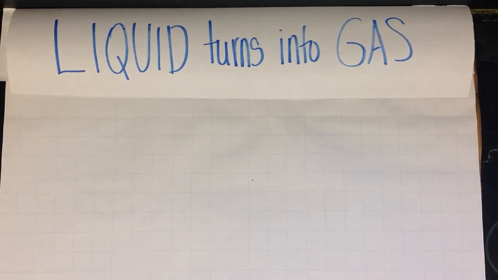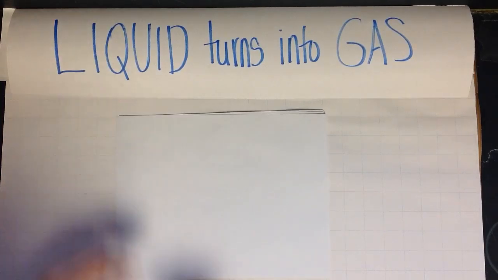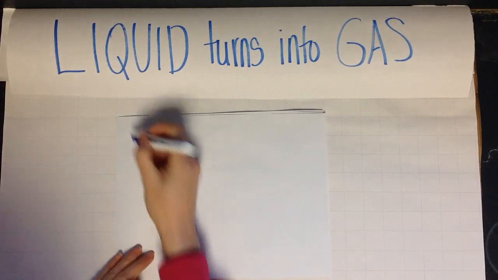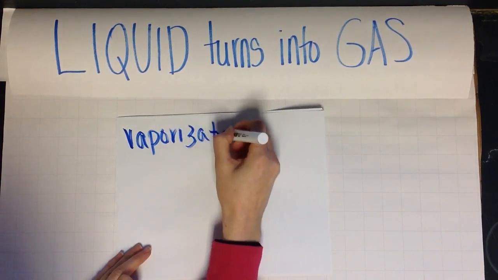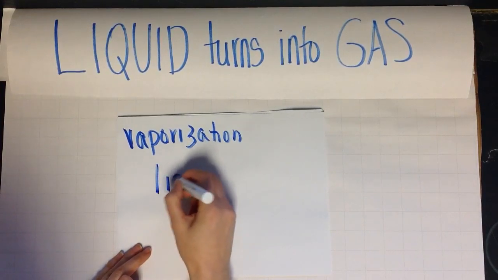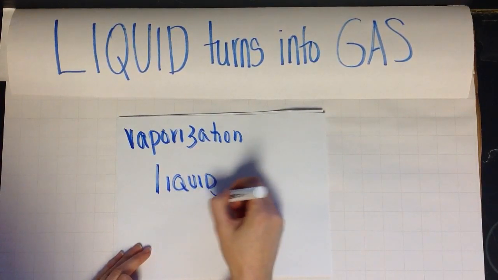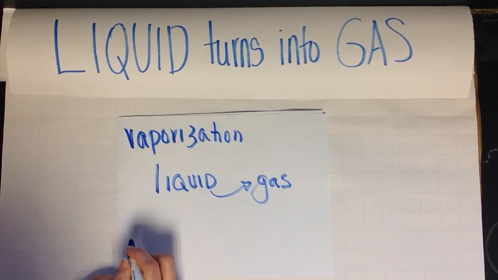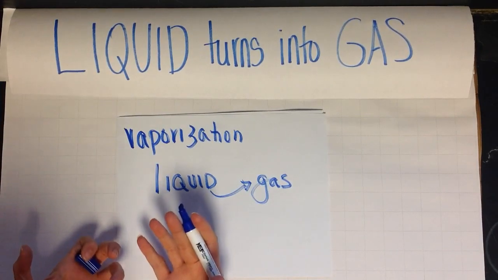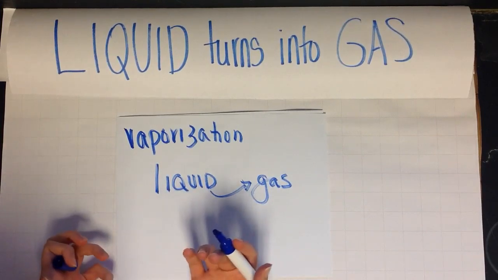So what exactly is vaporization? Let's talk about that first. Well, vaporization is when a liquid turns into a gas, as opposed to just gas, which is at room temperature.